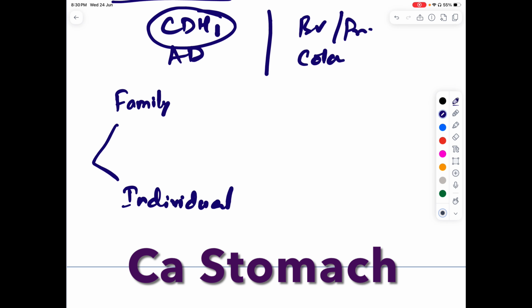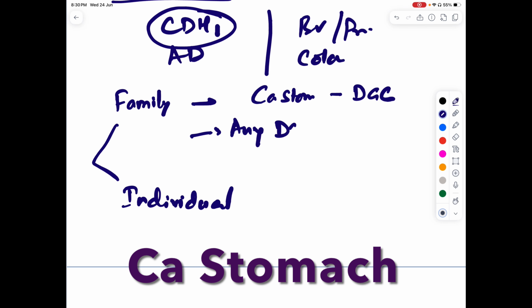Two cases of gastric cancer in a family regardless of age, with at least one diffuse gastric cancer at any age. Lobular breast cancer in the family, less than 70 years. Lobular breast cancer in the family, less than 50 years.